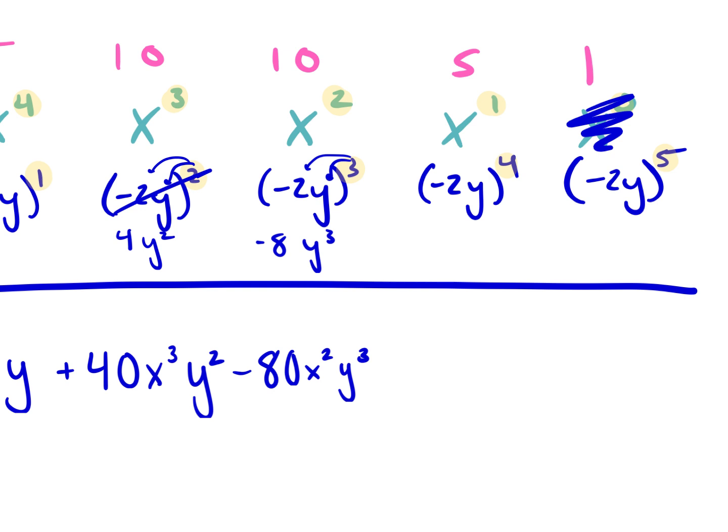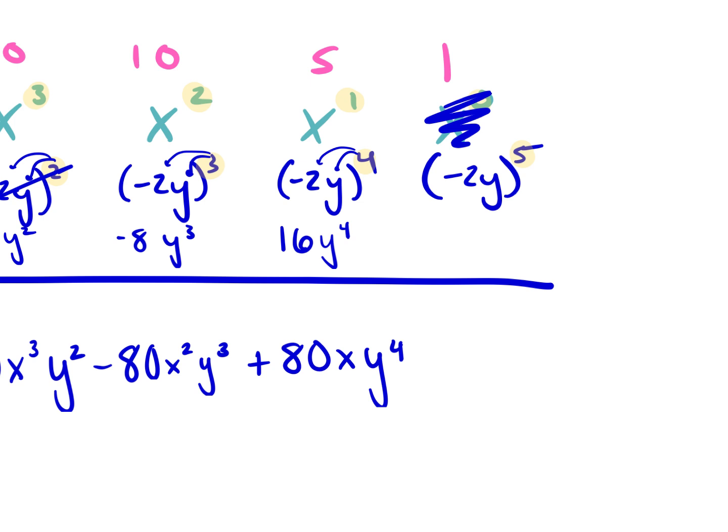Next, we have negative 2y to the 4th power. We have to make sure we distribute. What's negative 2 to the 4th power? Positive 16y to the 4th power. So here I have 16 times 5. What's 16 times 5? 80, awesome. So plus 80xy to the 4th power.